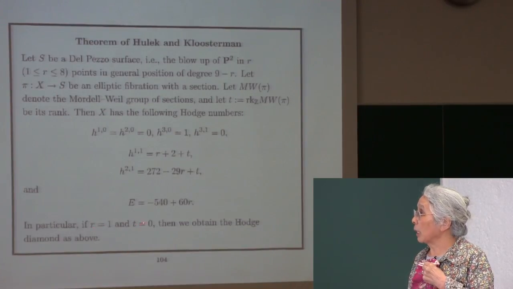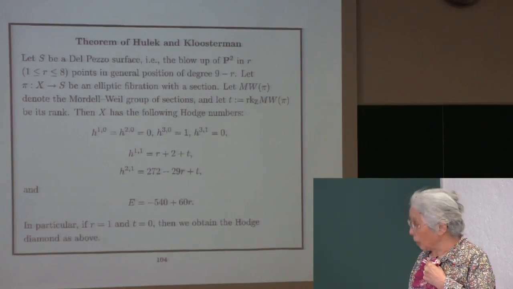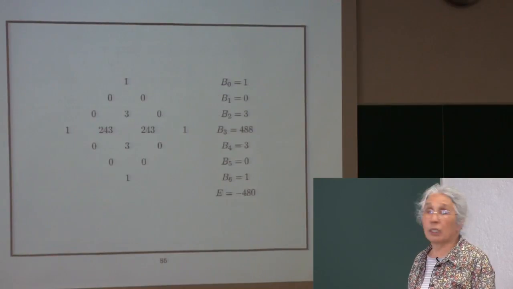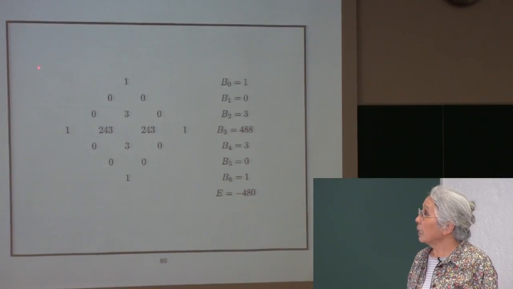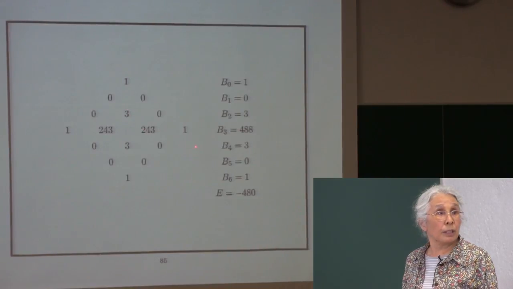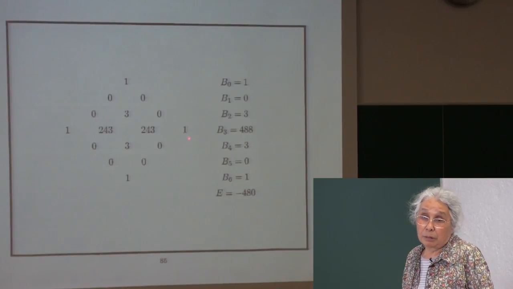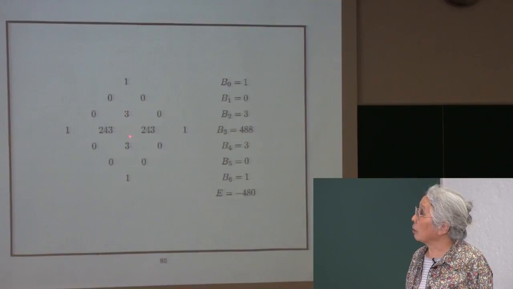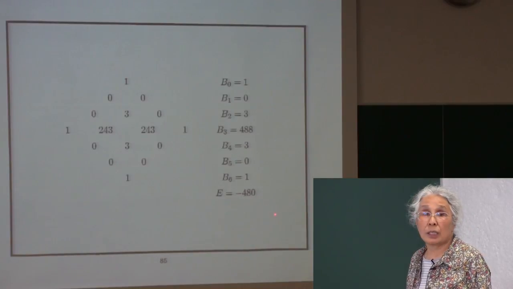And then we can also show that the Mordell-Weil rank is 0. So the Hodge diamond is like that. This h^{1,1} is just the Picard group of X. Okay, so this is what we have. If you do the calculation, you get Euler characteristic minus 480.